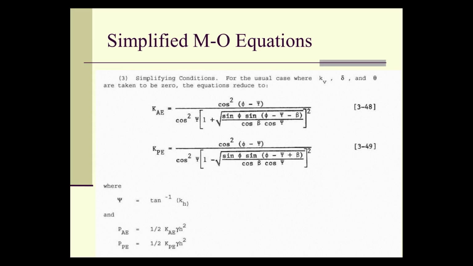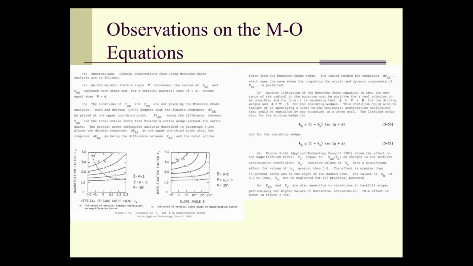And the PAE and PPE are basically the same as they are with non-earthquake. There are a few observations I'd like to make. As the seismic inertia angle increases, the values of KA and KP approach each other, they come very close. For a vertical wall, if psi is equal to phi, they're identical.